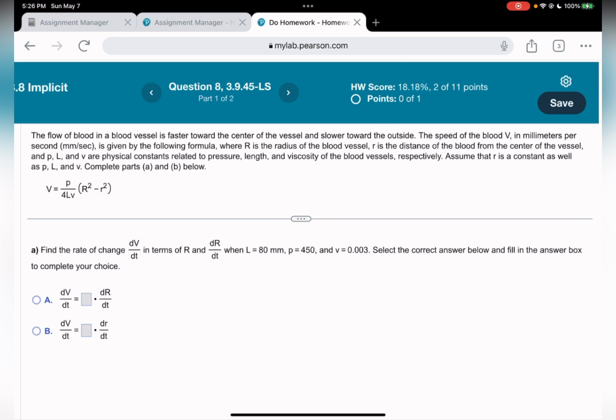Okay, so it's asking to find the rate of change dV by dt in terms of R and dr by dt when L is equal to 80, P is equal to 450, and so forth. Let me take the picture. Okay, let's start working now.